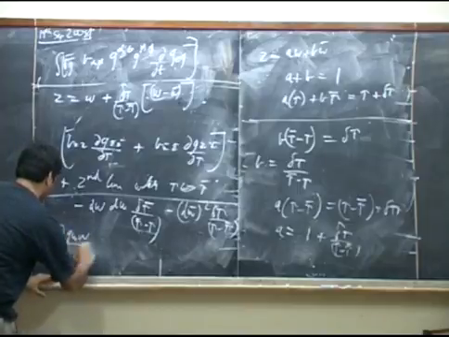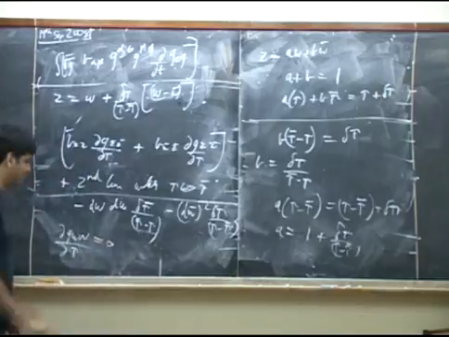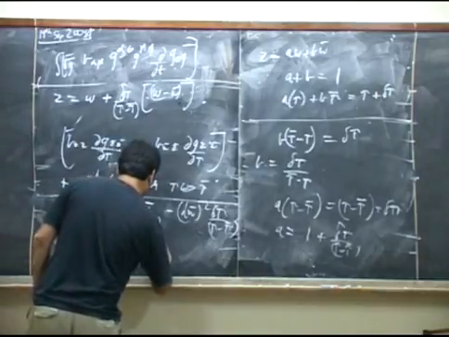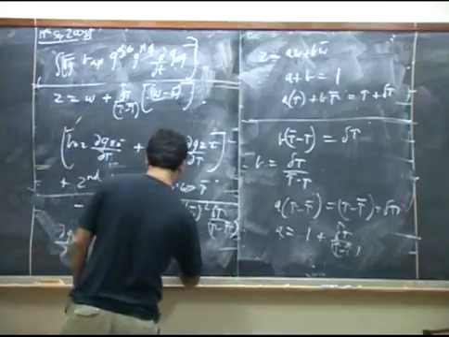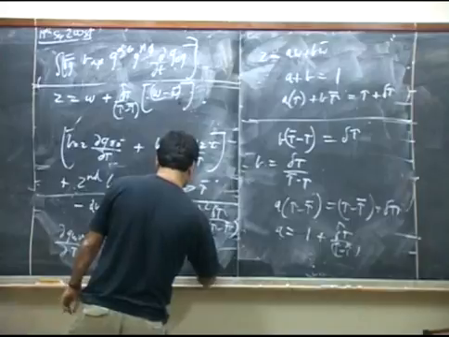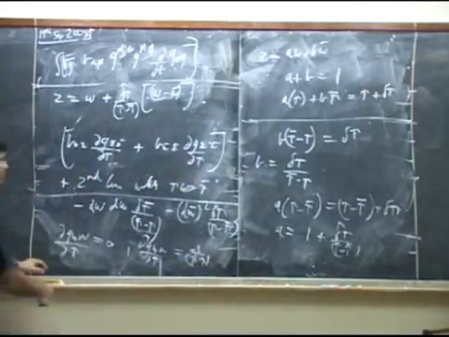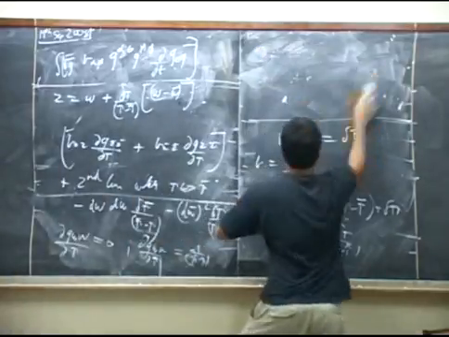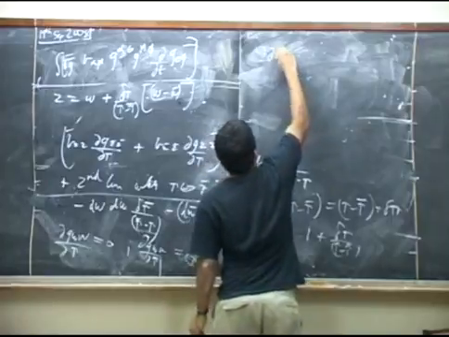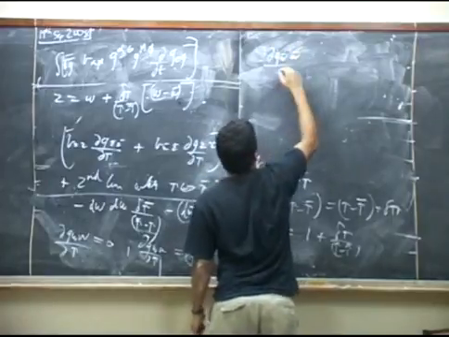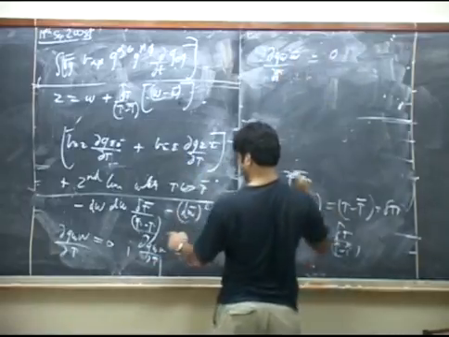dg_ww by d tau is 0, but dg_ww by d tau-bar is equal to minus 1 by tau-bar minus tau. And similarly, dg_w-bar-w-bar by d tau-bar is equal to 0.